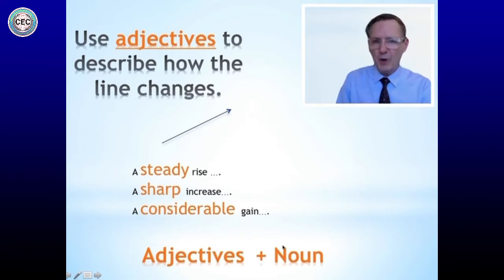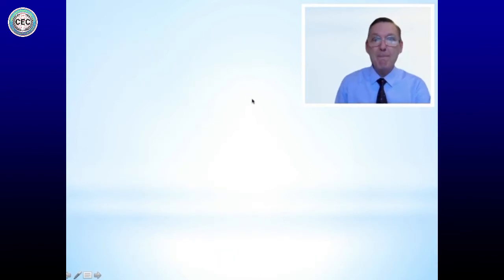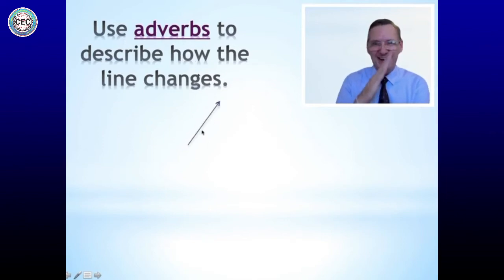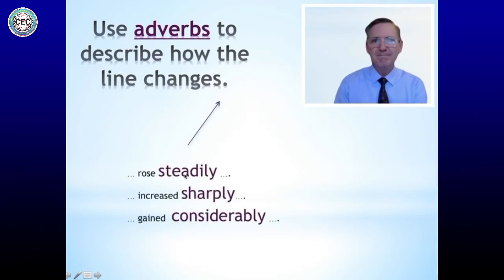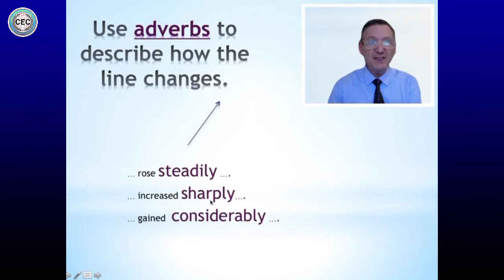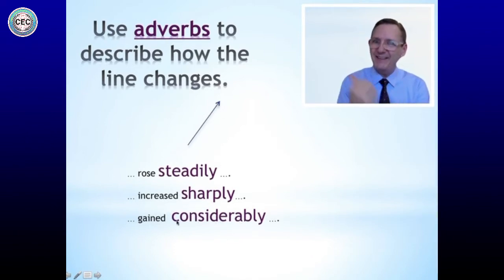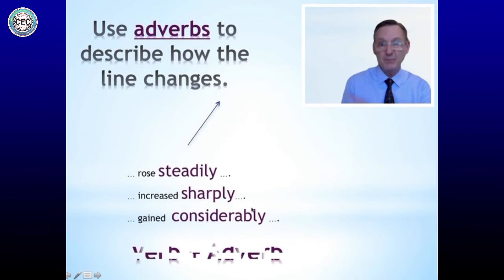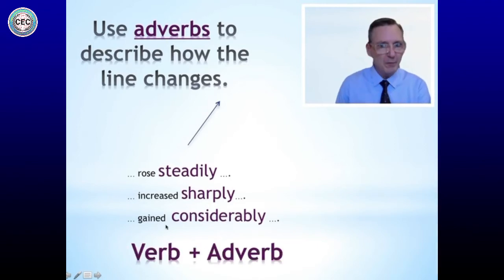Let's do the adverb. What is this line? Can you remember? Is that rose steadily? Increased sharply? Maybe. Gained considerably? That's right. This is increased sharply. Increased, your verb. Sharply, your adverb. Verb and adverb. Remember structure. It's important.